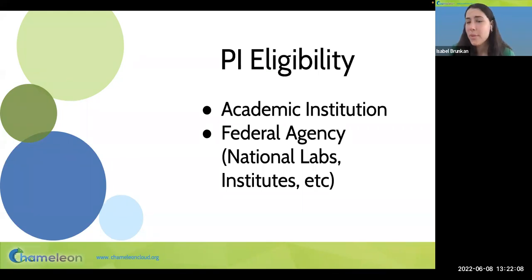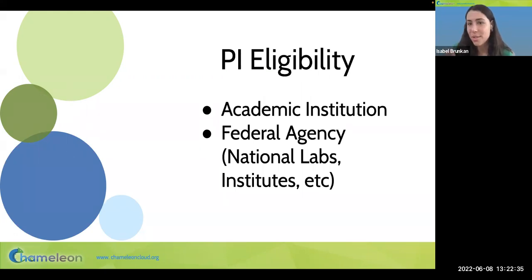But if there are any questions regarding your eligibility or anything like that, you can always reach out to us at contact@chameleoncloud.org and send us an email there. Only PIs can apply for this bigger, larger project concept. But if you're not PI eligible, for example, you're an undergraduate student who wants to conduct research on Chameleon, you would have your professor apply for a project.